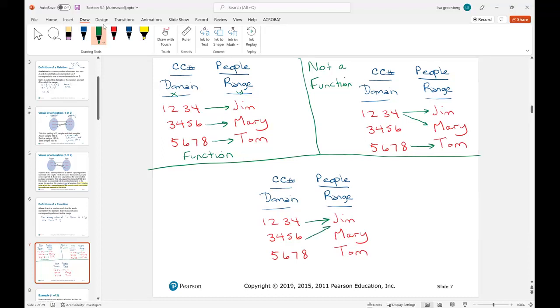Let's say I do this. Okay. So now 1, 2, 3, 4 is pointing to Jim, 3, 4, 5, 6 is pointing to Jim, and 5, 6, 7, 8 is pointing to Tom. Now the question is, is this a function? Often I hear, no, this is not a function, but this is a function.